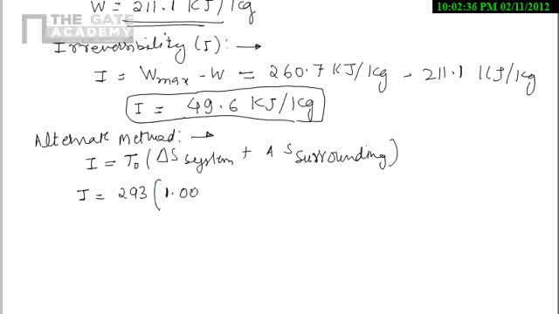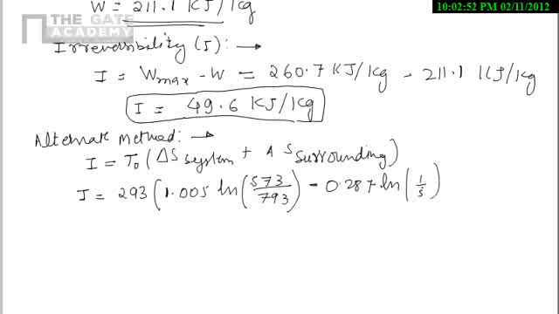So I equals T naught, that is 293 ambient temperature, times delta S system, which I can write as 1.005 into ln 573 by 793 minus 0.287 ln 1 by 5, plus 10 by 293.